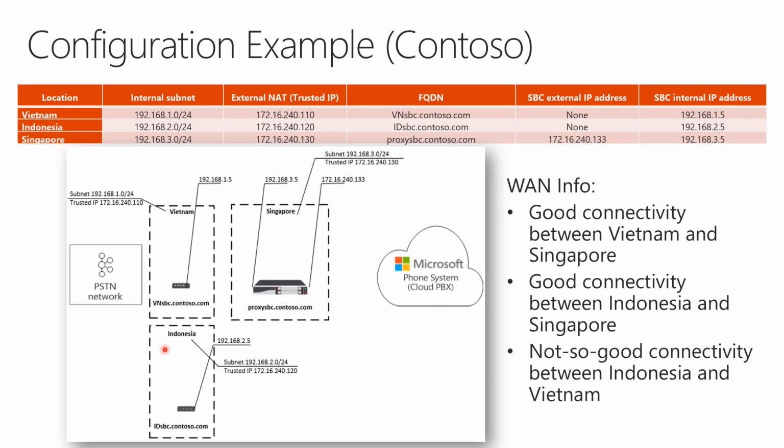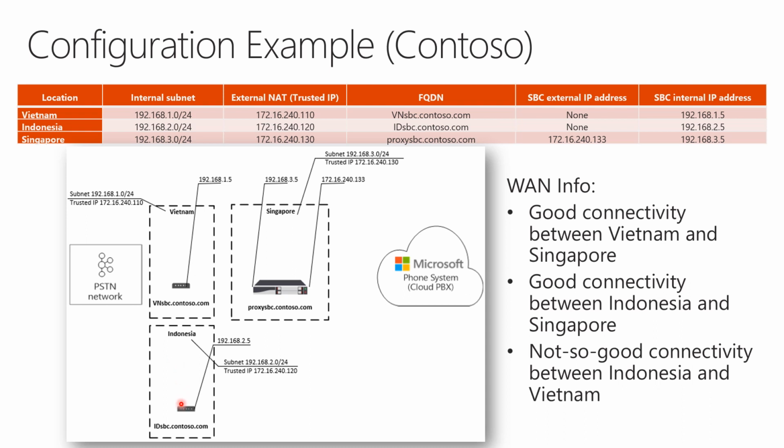These sites also have session border controllers in them, but these session border controllers don't actually have public IP addresses assigned to them. Now, these particular sites, the branch offices of Vietnam and Indonesia, they do have local internet breakout, right? So from an end user perspective, I can browse the web, but there was no capability for us to assign a public IP directly to these session border controllers.